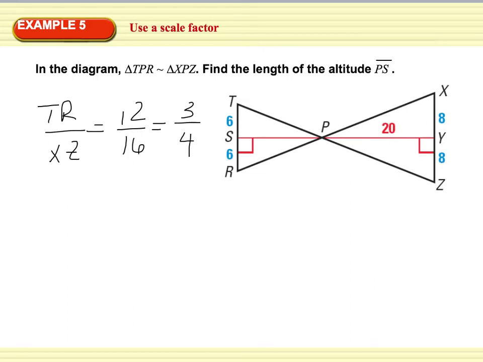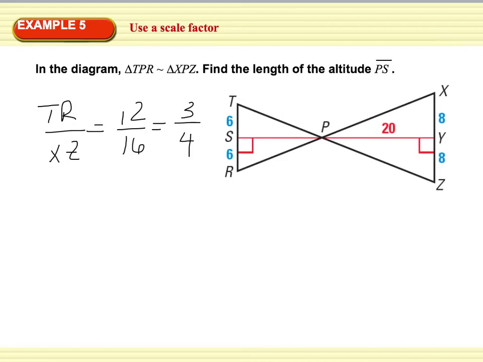Little hiccup in the recording there, sorry. Okay, so that's our ratio. Because the ratio of the lengths of the altitudes in similar triangles is equal to the scale factor, you can write a proportion for the altitude.